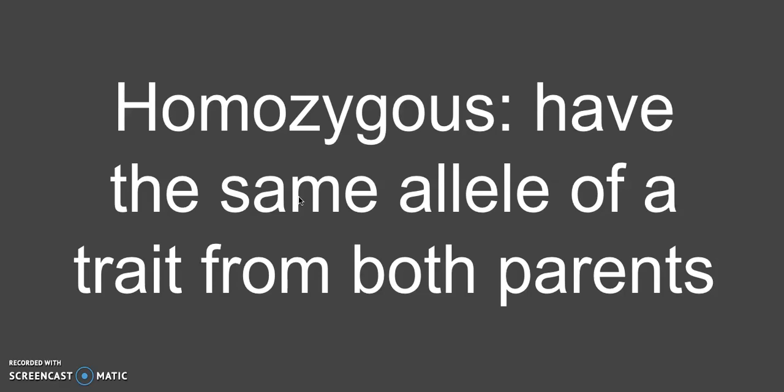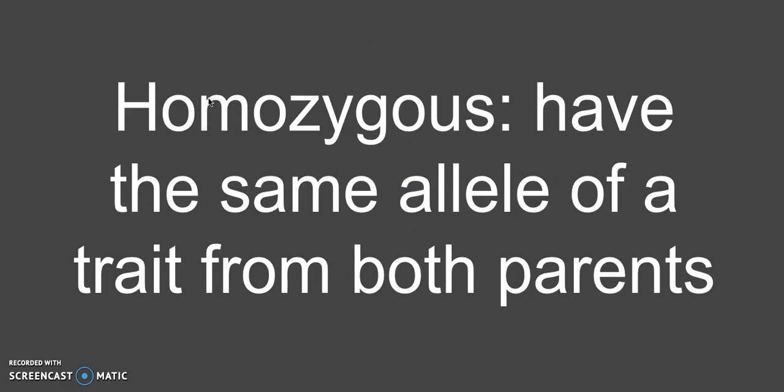You inherit a wet earwax allele from your mom and a wet earwax allele from your dad. This is an example of homozygous, because homo means same, and zygous means egg, which isn't super useful here. But it's the same allele from both of the parents.